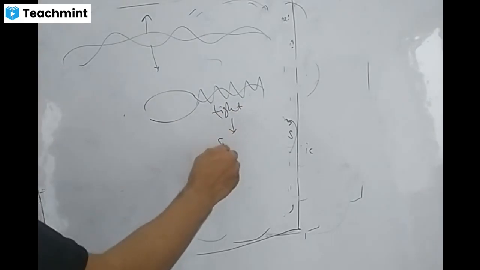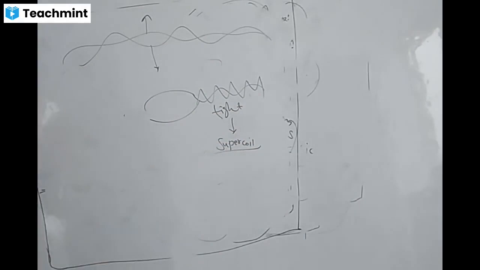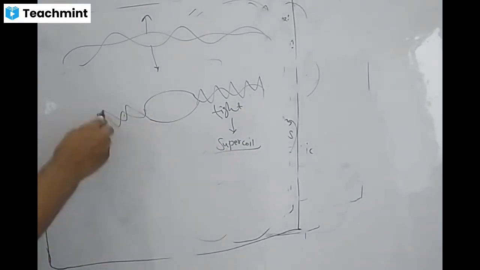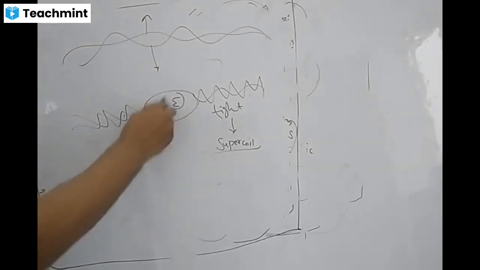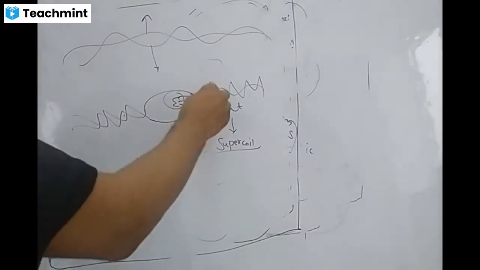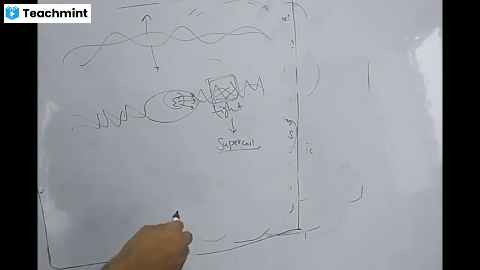We call this supercoiling. Suppose there is one enzyme, helicase enzyme, moving in this direction, then the area in front of this becomes very tight.